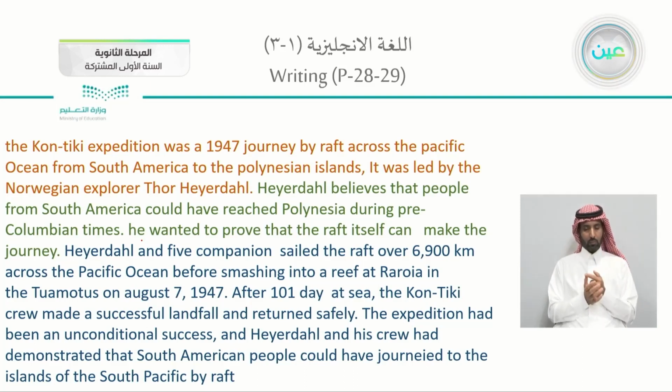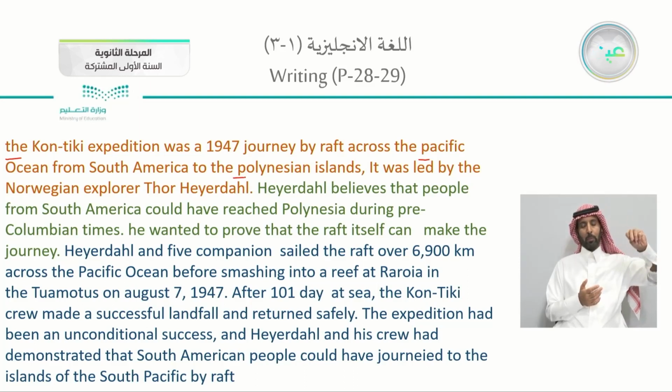In here, we have to start the sentence with a capital T. Also in here, we're having Pacific, it's a name, capital P. Pacific Ocean from South America to the Polynesian Islands. This is the name, Polynesian. Then Islands.